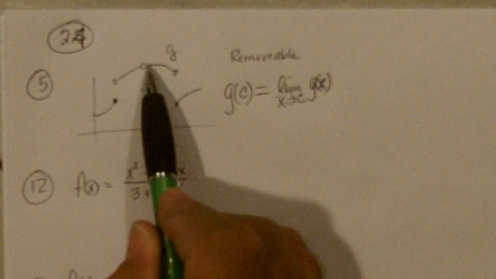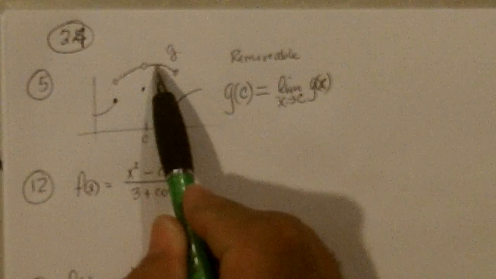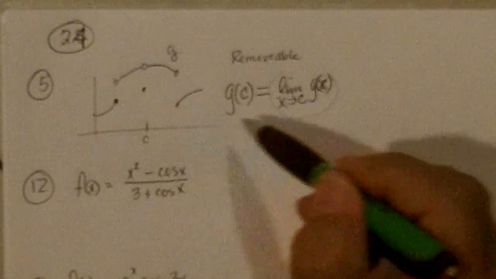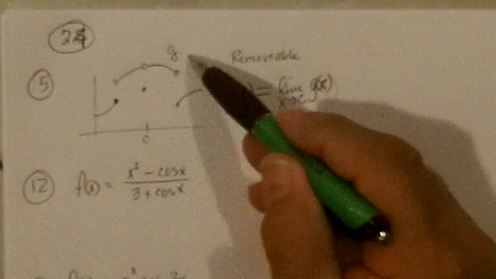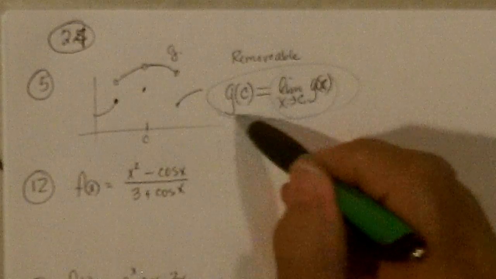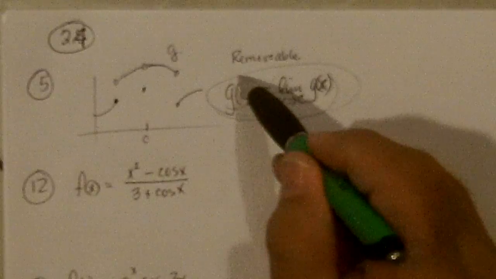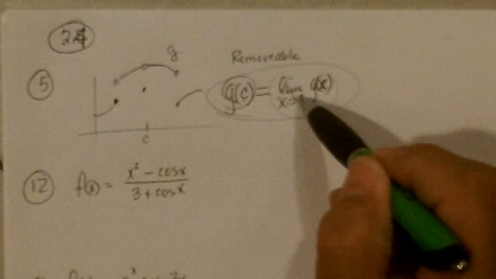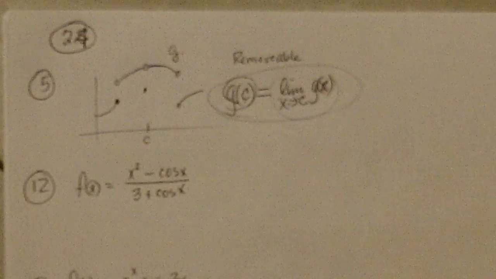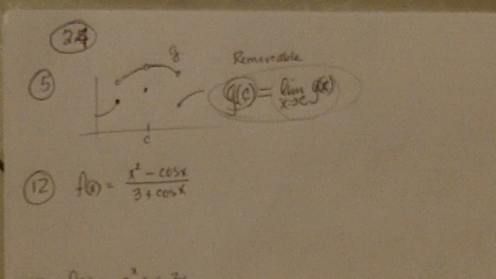The right side and the left side both approach a height, and that's what this is saying. And G of C has to be equal to that limit for this to be continuous through there, and that would remove that. So we need to change the height at C so it equals what the curve approaches from either side at that place. That's what they want you to understand about that one.